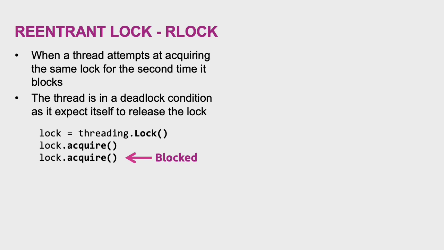Basically, the thread first obtained access to the lock, so access to the critical section. The second time it attempts at acquiring the lock, it is already acquired. So the thread is blocked and stays there forever.